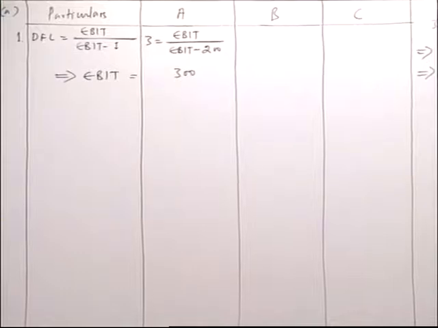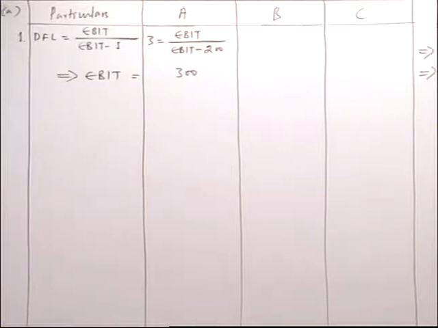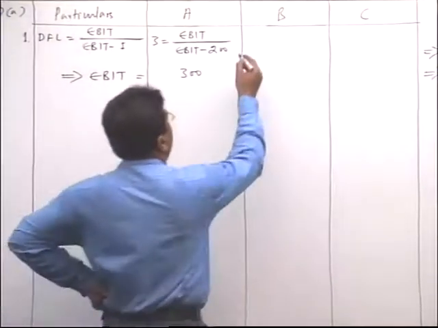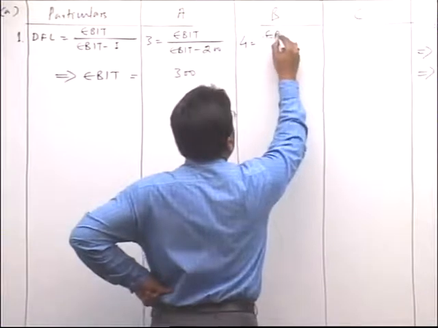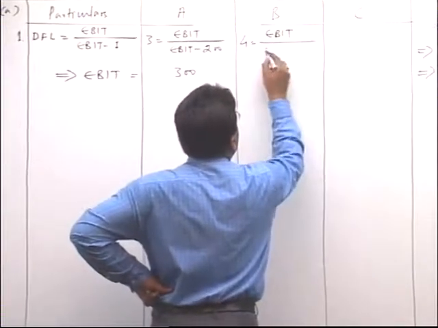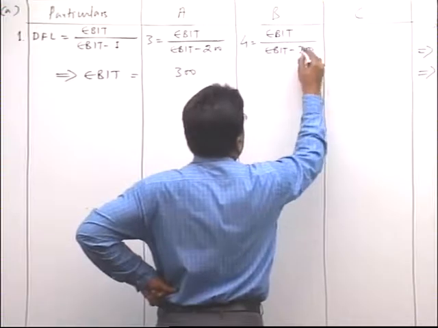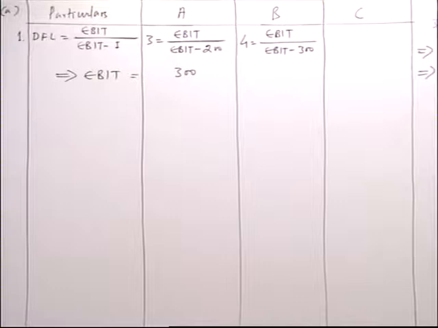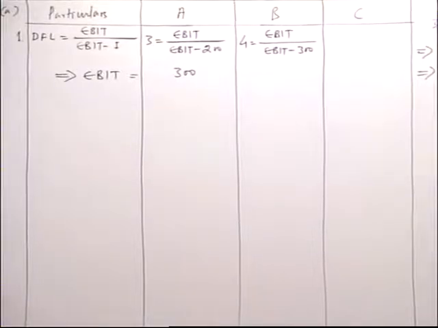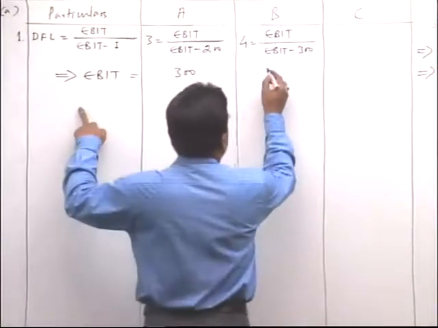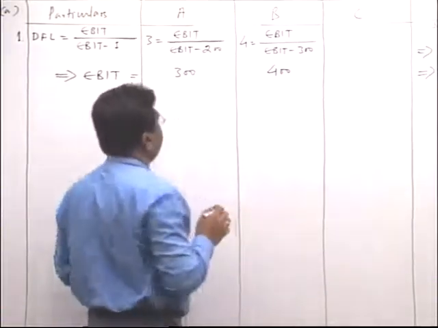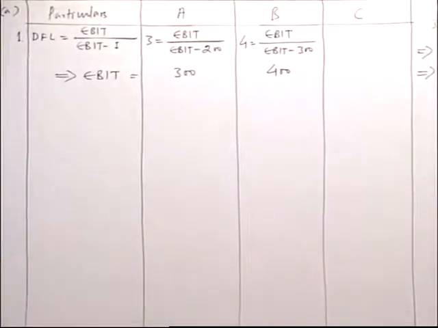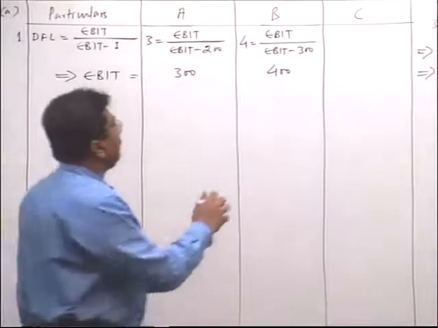Now, put data in column of company B. Here the degree of financial leverage is 4 and interest is 300. So, 4 is equal to EBIT upon EBIT minus 300. Now, again do cross multiplication, then you will get EBIT of 400. In company C, the financial leverage is 2 and interest is 1000.